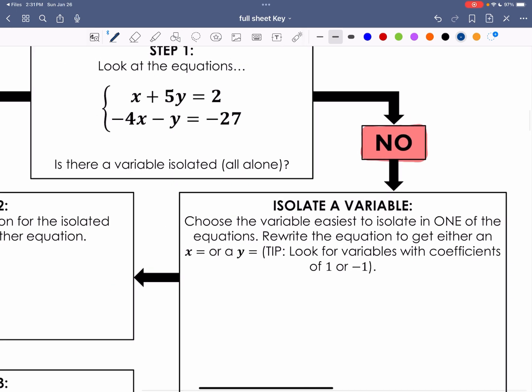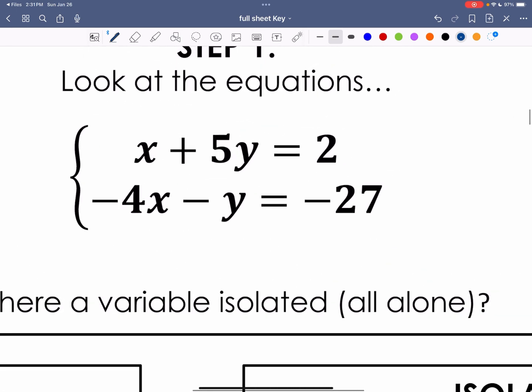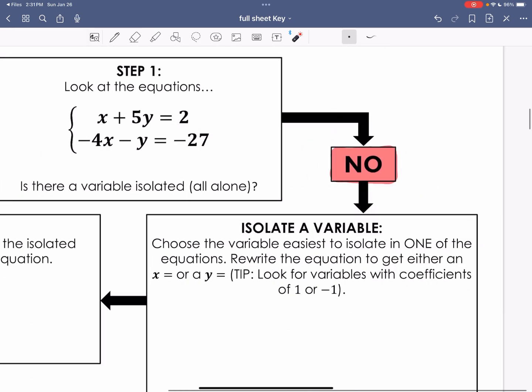So looking at our two equations, I see two possible contenders. So in the top equation, I see an x, and then in the bottom equation, I see a minus y. It doesn't really matter which one we go for, but if something is already positive, that will save us some steps. So I am going to choose to target the x in equation 1 to get that isolated.